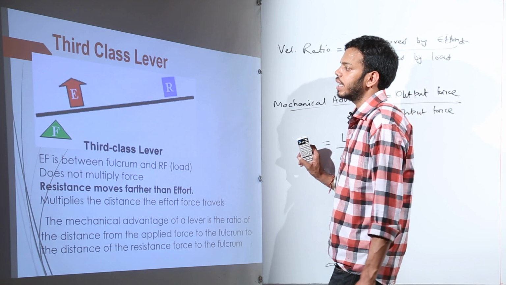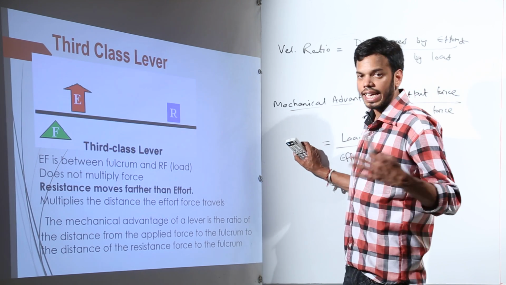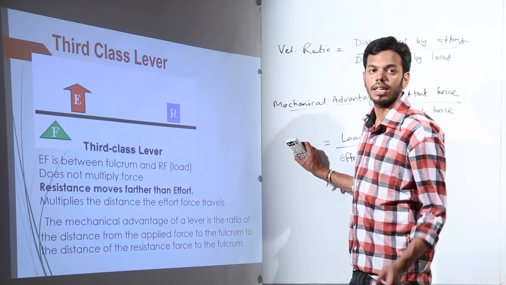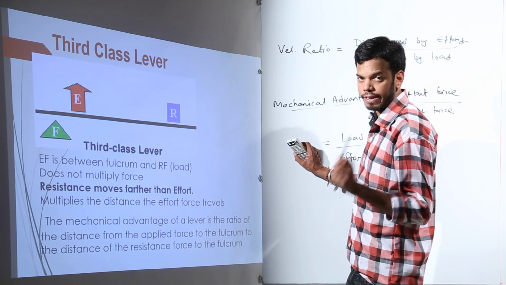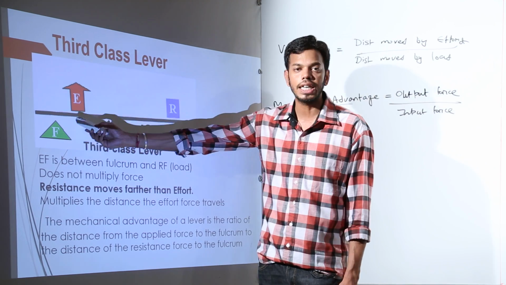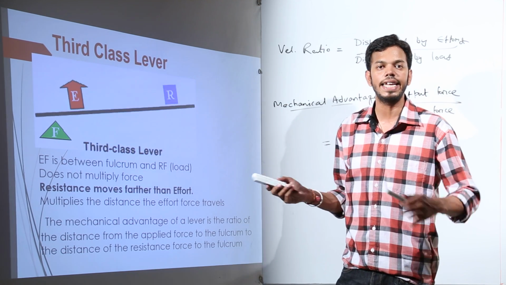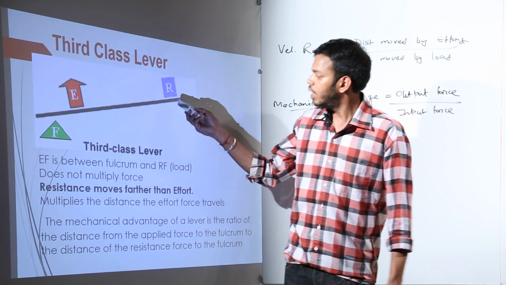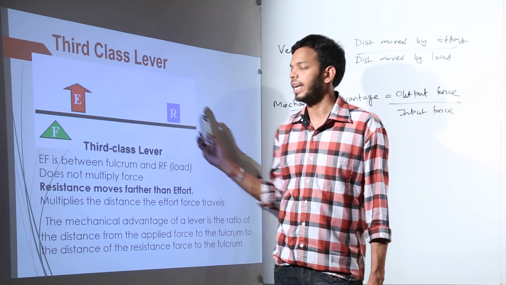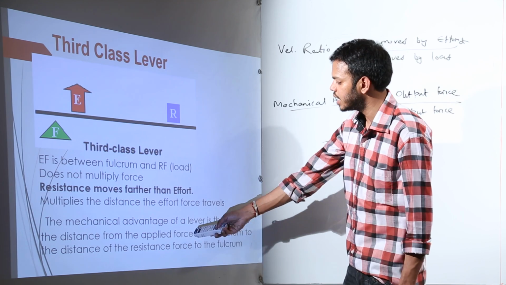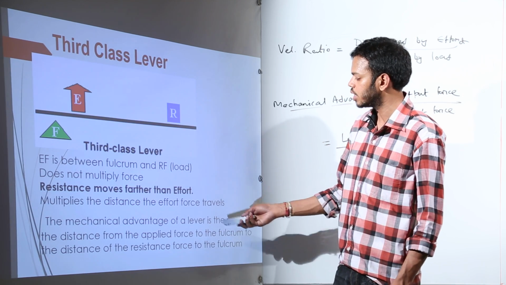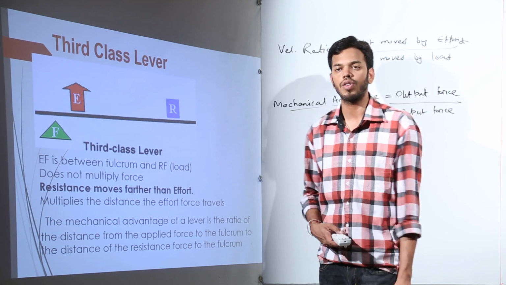In this case, like in the second case, both effort and load are on the same side opposite to fulcrum, but the difference is this time effort lies between fulcrum and load, whereas in second class lever, load lies between fulcrum and effort. So here also the mechanical advantage is the ratio of distance from the applied force to the fulcrum to the distance of resistive force from the fulcrum.